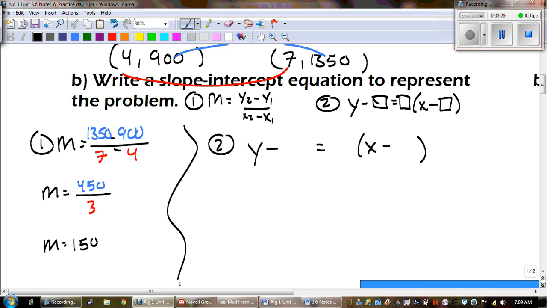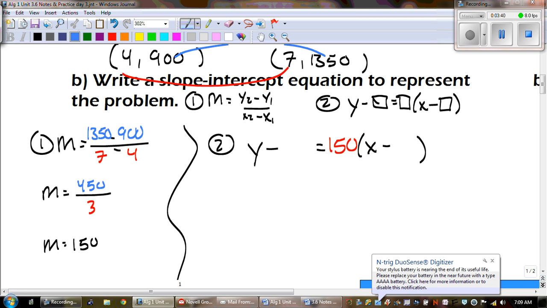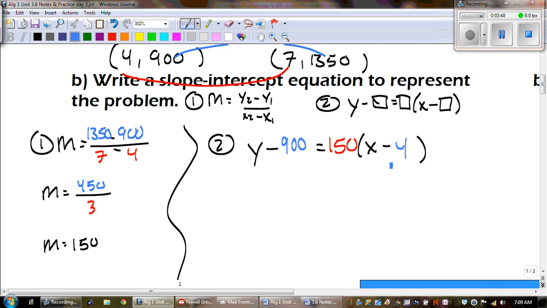The slope goes right there, 150. But now we could use either point. I like using the one with the smaller numbers. So if I'm using the smaller numbers, that means the 900 goes there, and then the 4 goes there. You guys were really good at solving this.